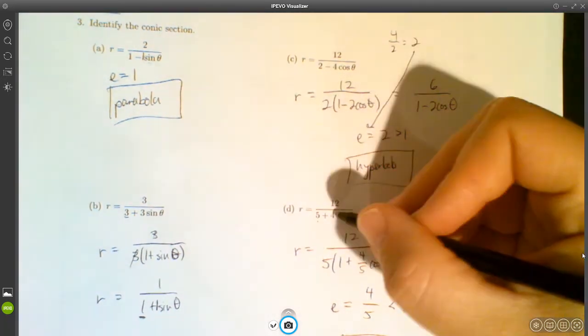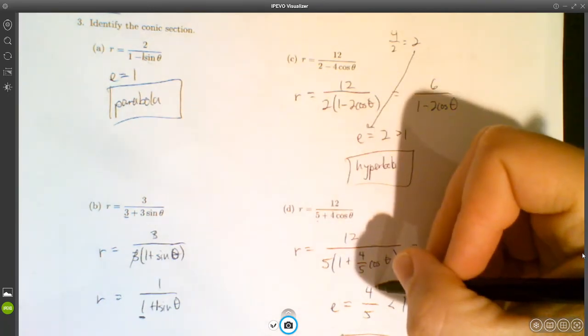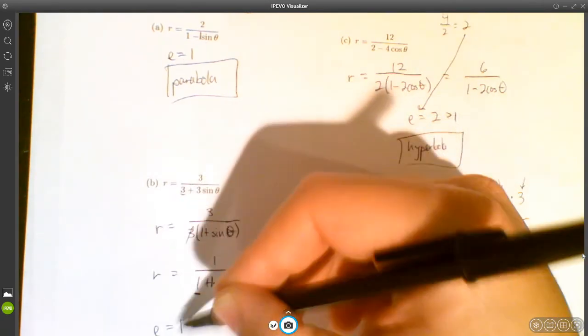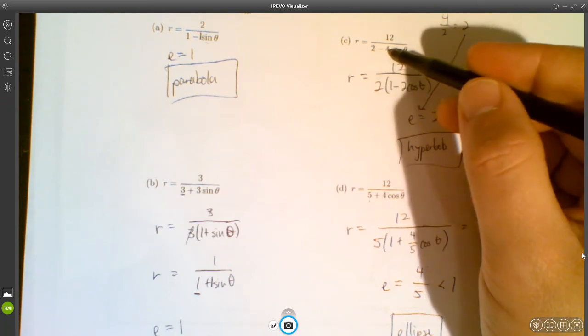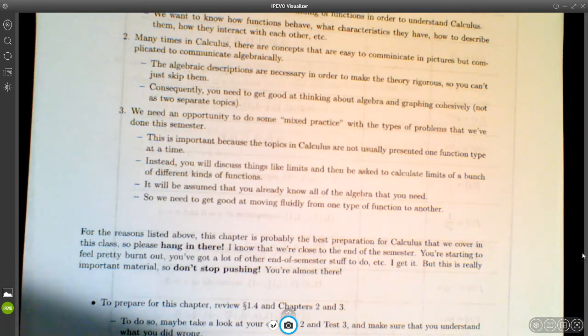Here you do 4 divided by 5, which is 4/5, and so that's your eccentricity. 3 divided by 3 is 1, and so 1 is your eccentricity. So if we call this A and B, you just do B divided by A. B divided by A is your eccentricity.